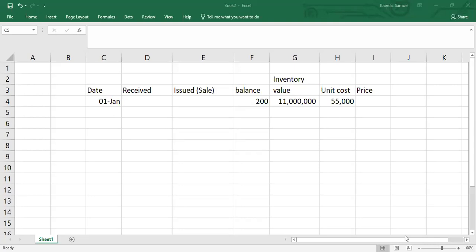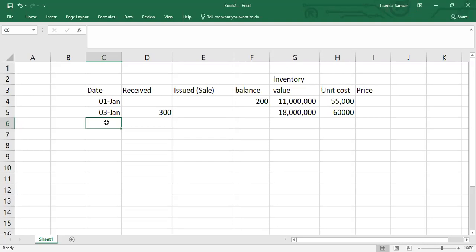This is 3rd January, when we received 300 bags. These 300 bags, they are telling us, were valued at 60,000. In terms of value, 60,000 times 300 is about 18 million.